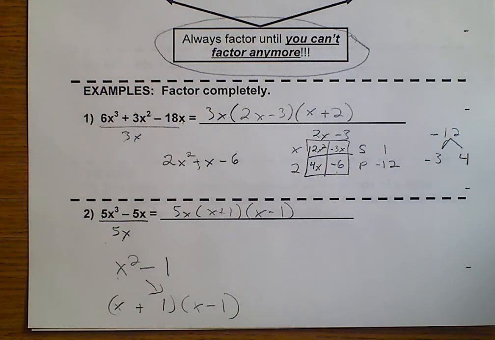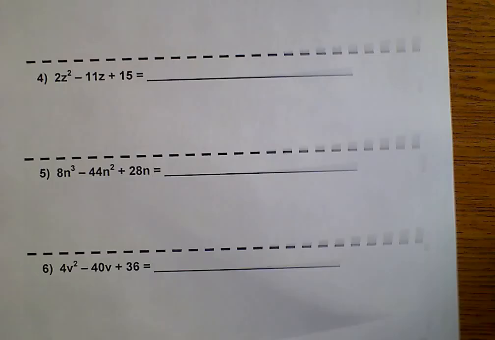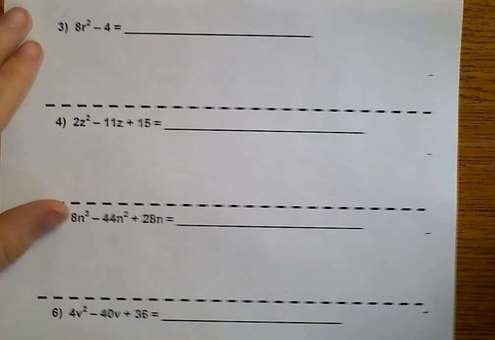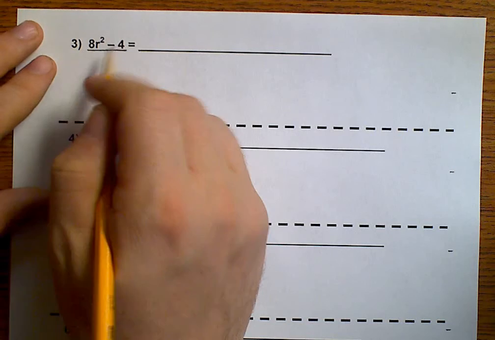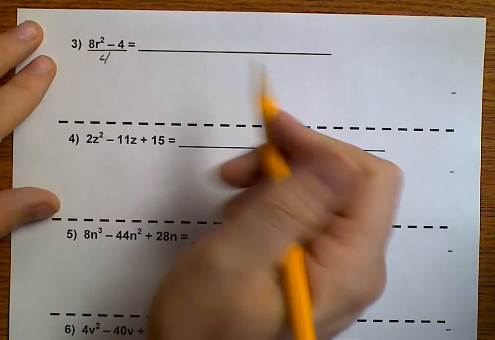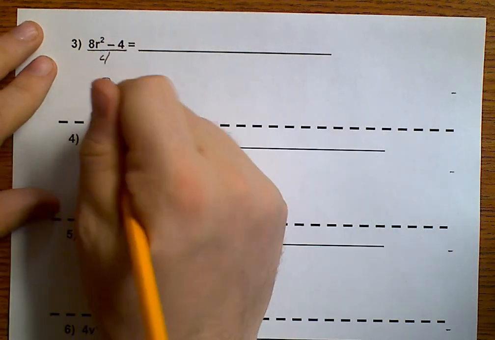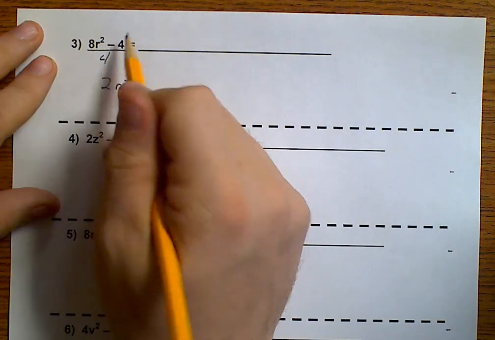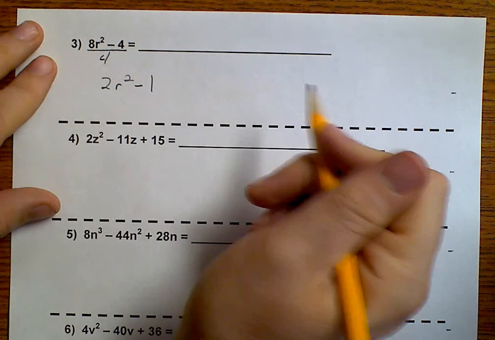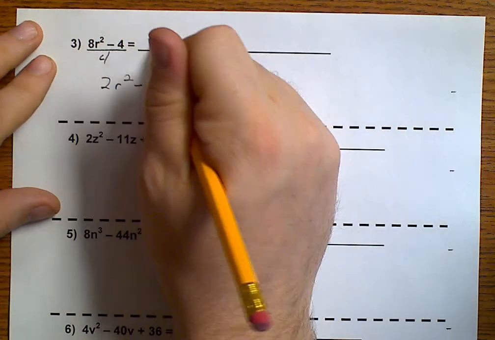Moving on to number 3. We look at this and I go, well, I can divide everything here by 4. 8 divided by 4 is 2, r squared. 4 divided by 4 is 1. So I pulled a 4 out.